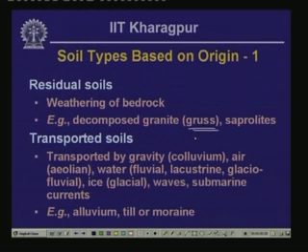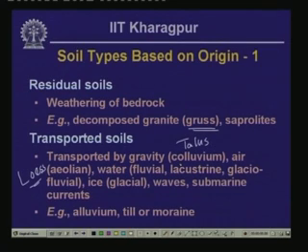Transportation could be by air. These things are called aeolian deposits. Loess is an example of an aeolian deposit. An example of colluvium is talus.